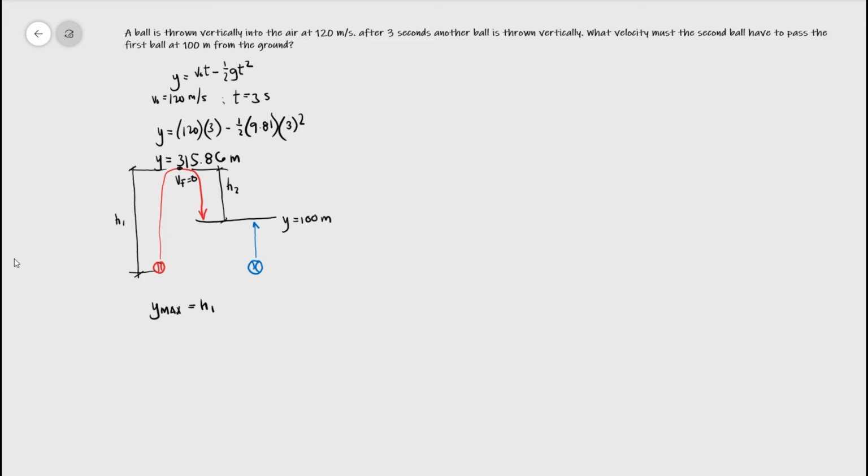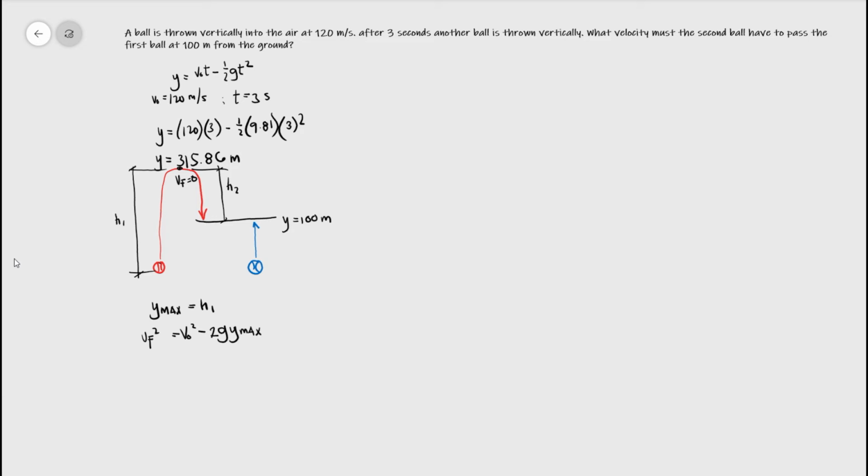Using our kinematic equation, we do not have a time, therefore we will not be using that formula. Instead, I will be using this formula: the final velocity squared is equal to the initial velocity squared, minus, because we are traveling upward, 2 times the gravity and the y. Let's say here is the maximum y.